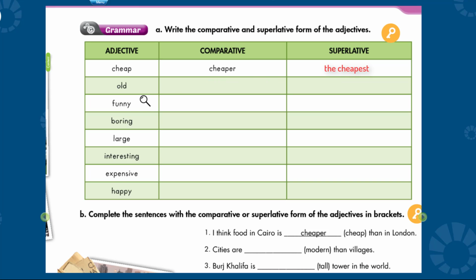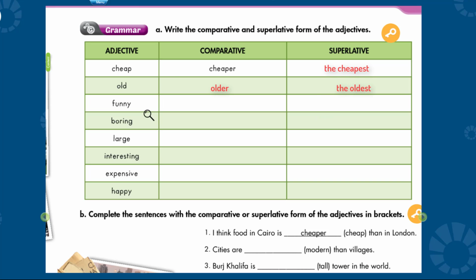Old is an adjective have one syllable too, so in comparative adjective we add er, and in superlative adjective we add est. Oldest, the oldest, right? Very good. And the third one, funny.